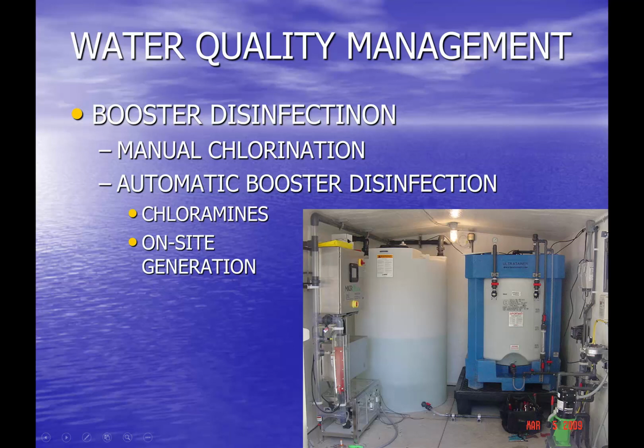What you see in the foreground, the very edge of a little container here, is essentially a brine tank. It's salt, and then you see an electrolytic cell in a panel here, which basically is electricity, and then it's water. The three components that make up sodium hypochlorite are salt, water, and electricity.